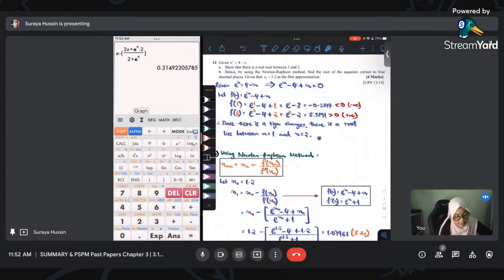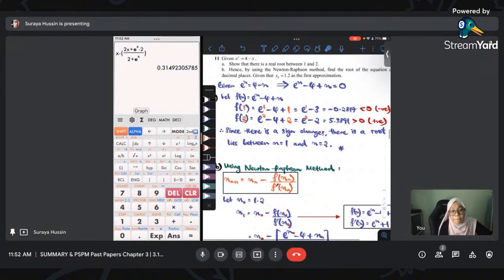So question 11, you have two different functions over here, and you can make it into becoming equal to 0, as I said, because we are doing chapter 3 numerical method, di mana numerical method ni banyak nombor-nombor, points and all, significant figures and all. Okay, dan kita juga faham non-linear tu macam mana. So this is what we call as non-linear equation.